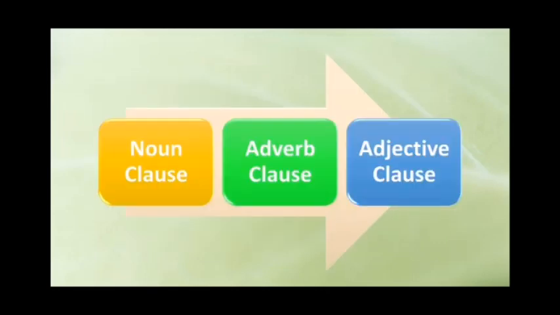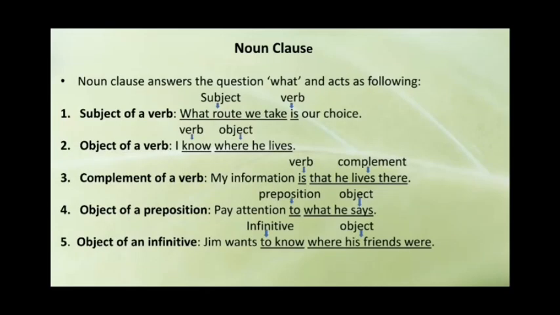Now, clauses are of three types: noun clause, adverb clause, and adjective clause. Let's see and learn what a noun clause is. So children, the noun clause does the work of a noun. You all know what a noun does, right? It answers the question what.